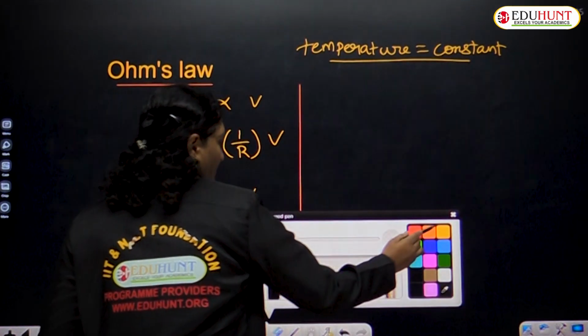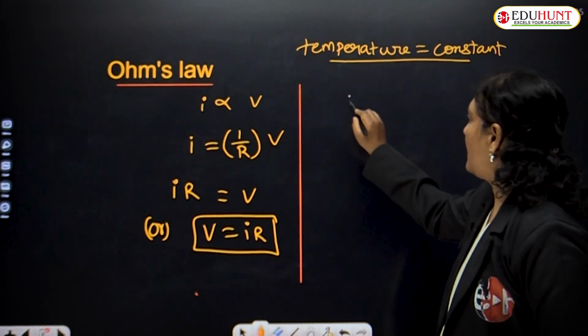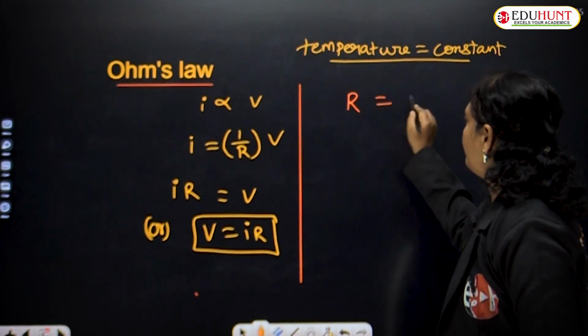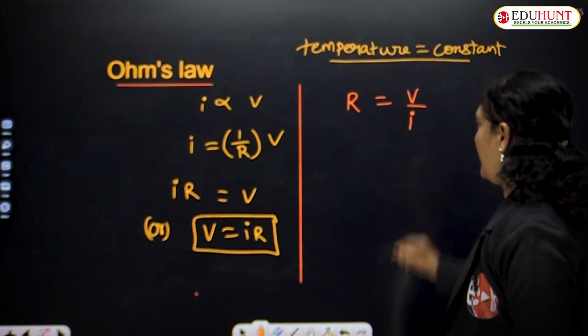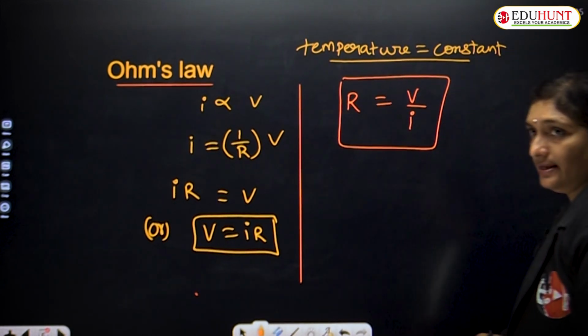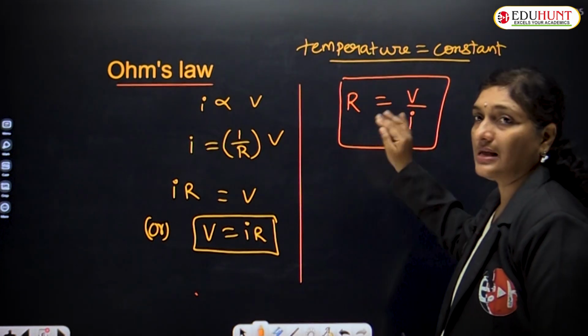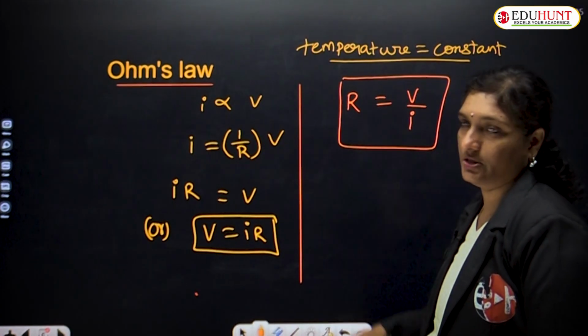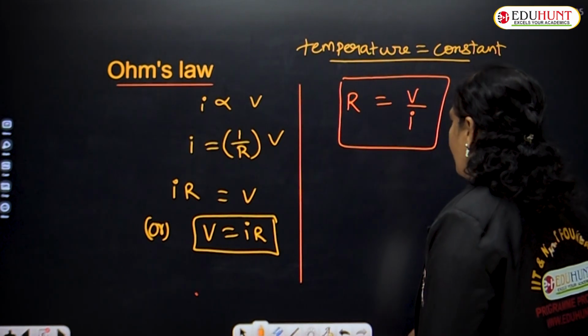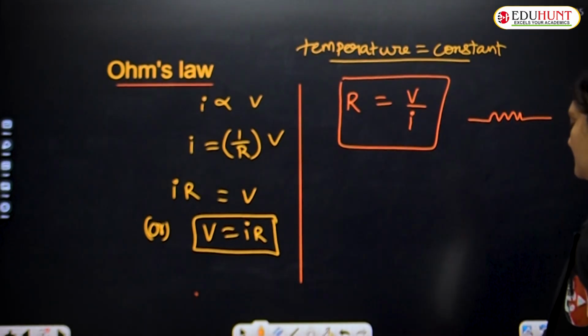If V equals IR, then R can be written as V by I, where R is the resistor. It offers some resistance across the circuit, and it is a device. The symbolic notation for a resistor is something like this.